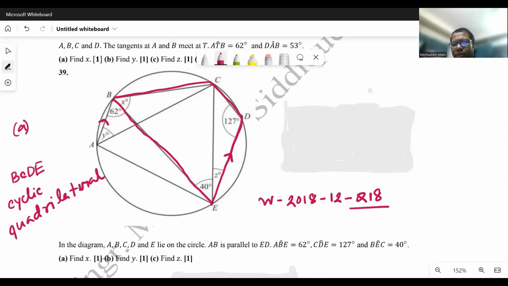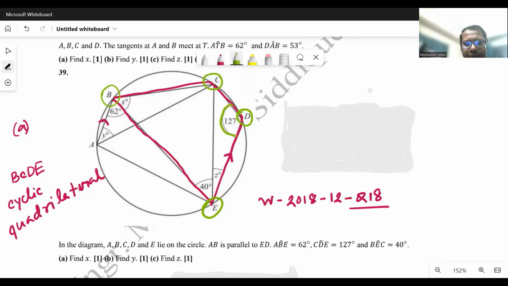If the four vertices of a quadrilateral lie on the circumference of a circle, this is a cyclic quadrilateral. Look here, point B, point C, point D, point E, all of them are lying on the circumference of a circle, so that's why it's a cyclic quadrilateral. And in a cyclic quadrilateral, the sum of the opposite angles will always be 180 degrees.